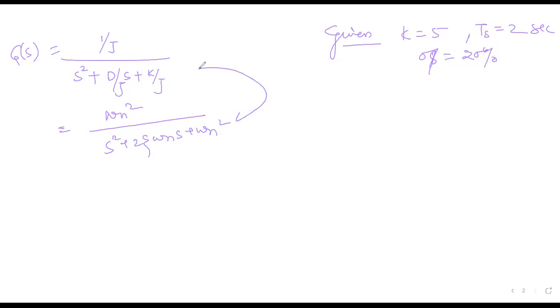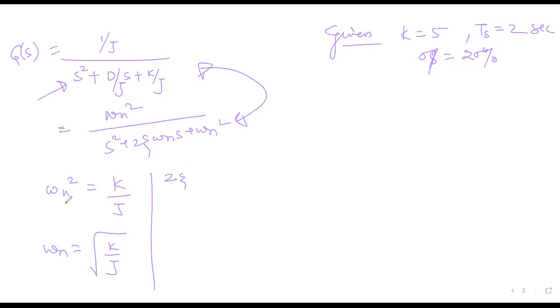When you compare, you get omega n square is nothing but K by J. So omega n is under root K by J. I always tell you to compare the denominator, but you always compare the numerator part.